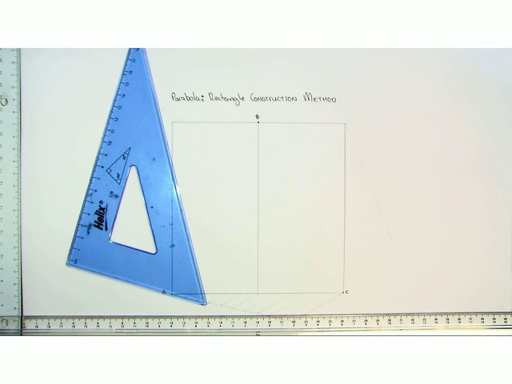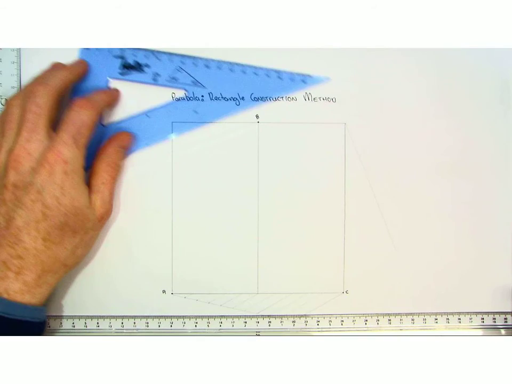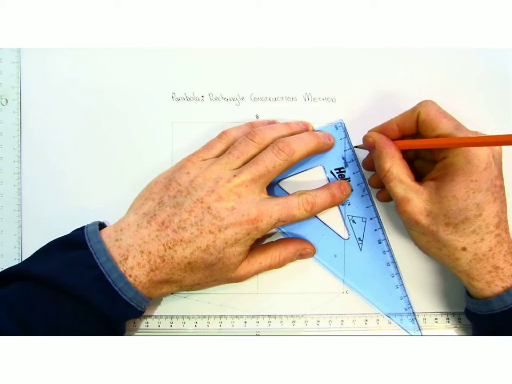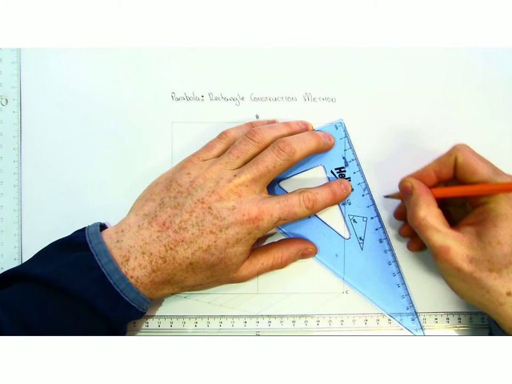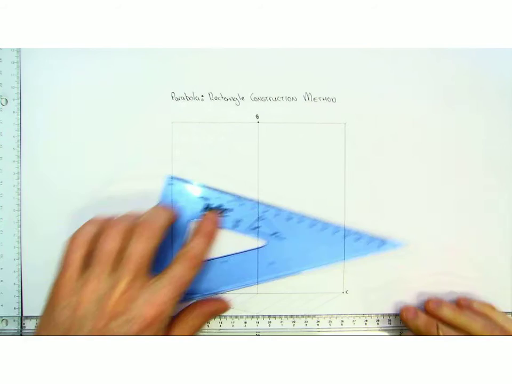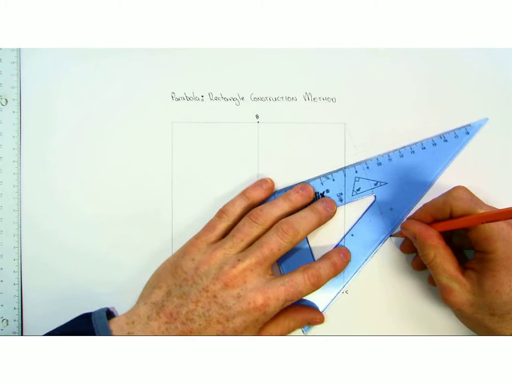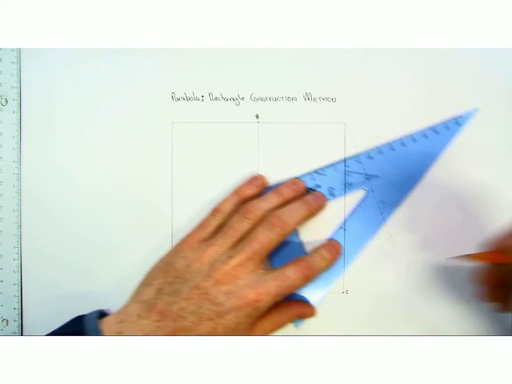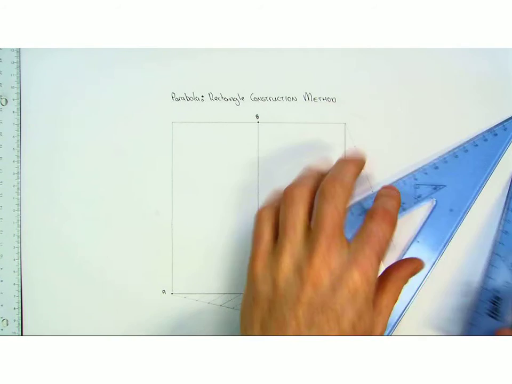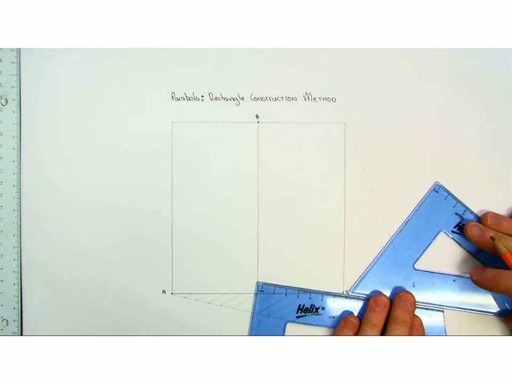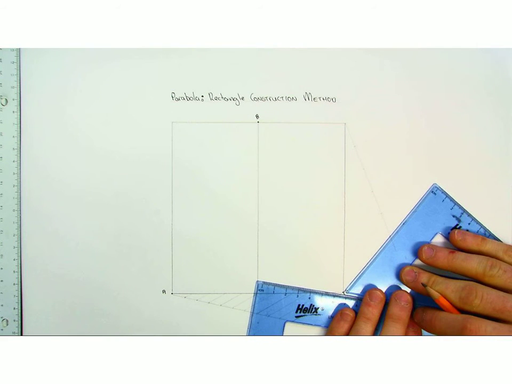The reason I use 20 millimeters is the height is larger than the width, just to make it a bit more easy. Again, I join the end point back up to the end of the line. Using my set squares again, I can now draw the rest of the points back parallel.